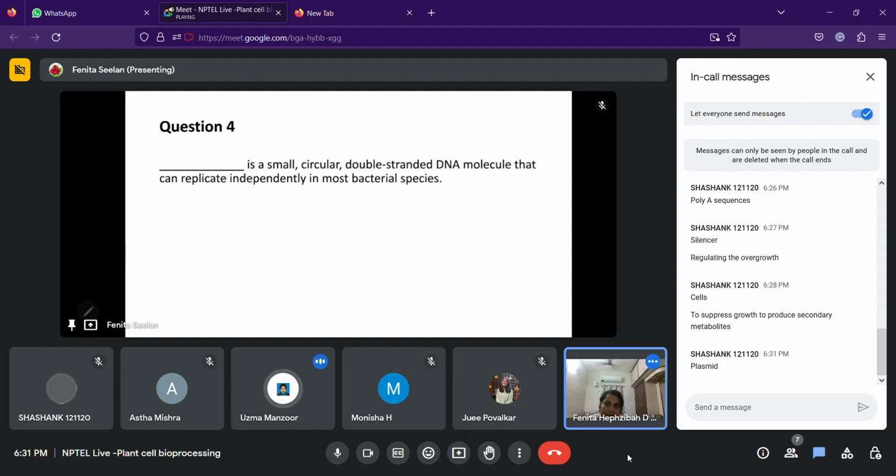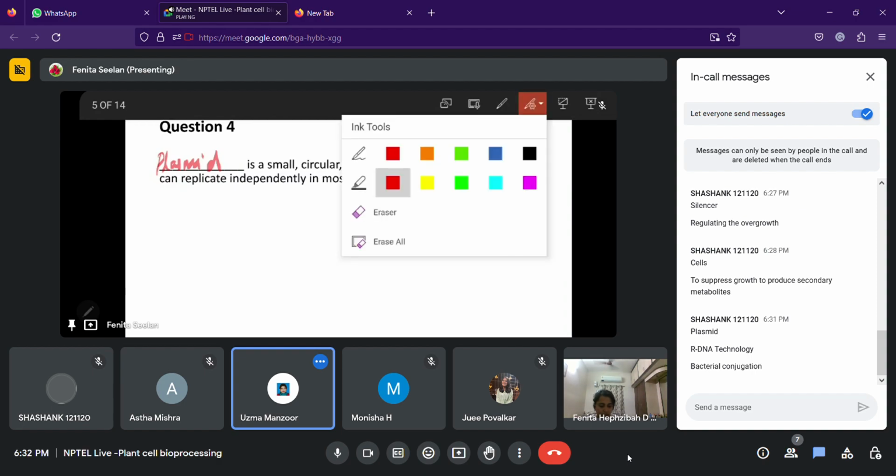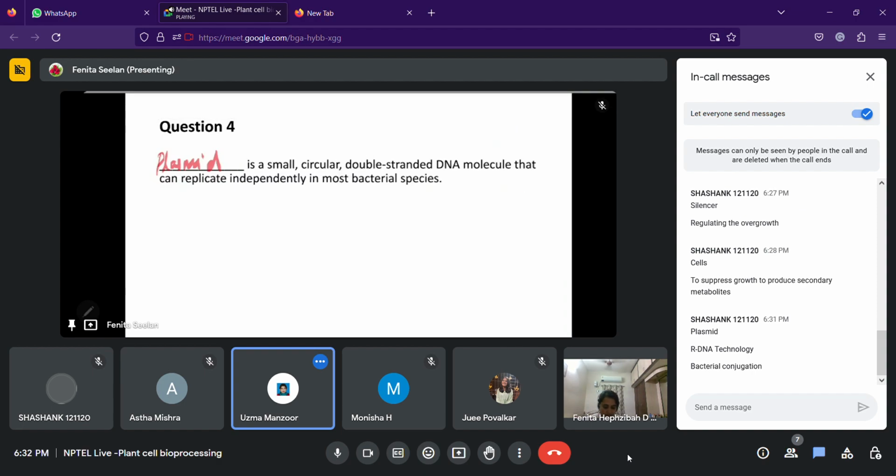Apart from whatever is explained here, what are plasmids generally used for?